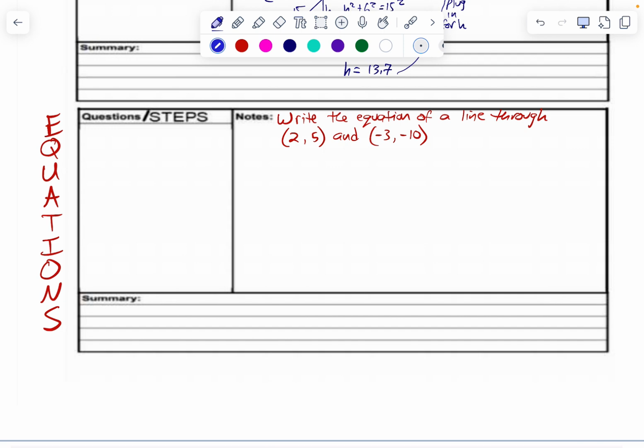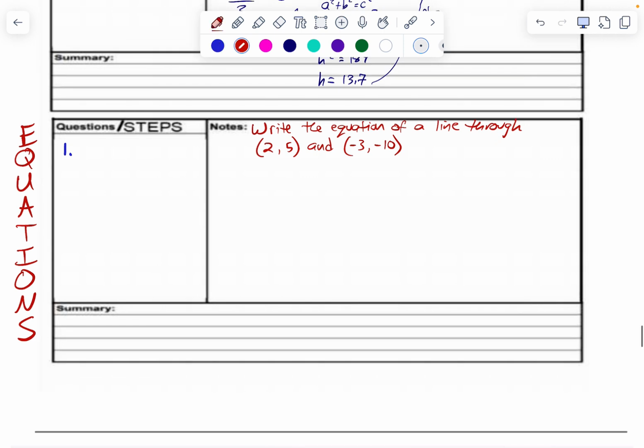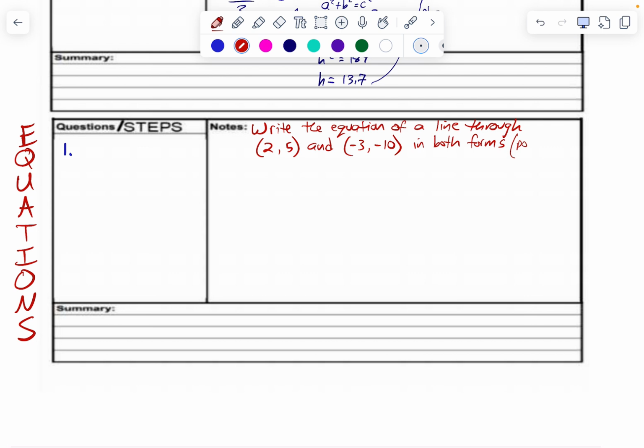Okay, step 1. You know what, before we do that, I want you to say in both forms. And so what I mean by that is point slope and slope intercept.